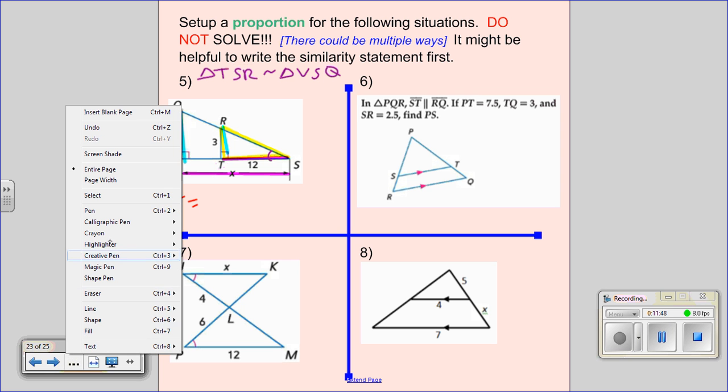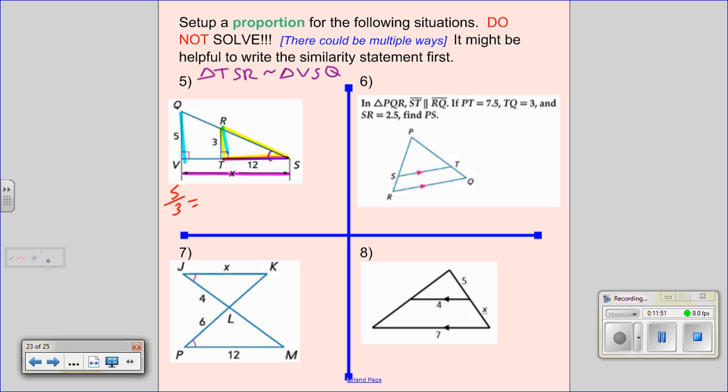So I would say x on the top because it's from the larger triangle, like 5 is, with 12 at the bottom. So that's one setup that would work in this situation.